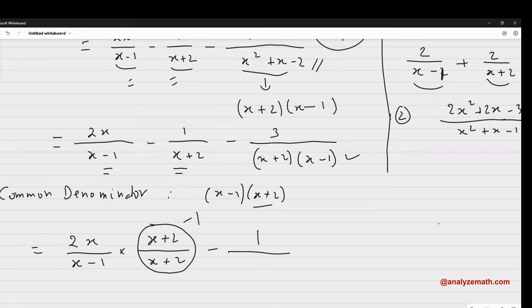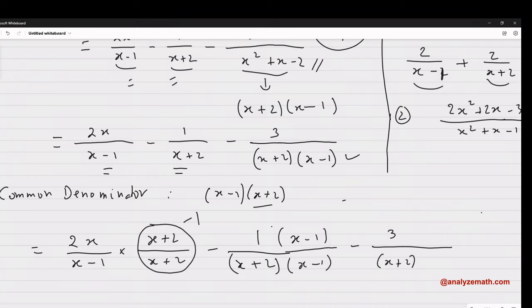Now let's go to the second term. This one here. We have the x plus 2. What we need is the x minus 1. So we multiply top and bottom by x minus 1. Now let's put some brackets here. And then the last term, the third one here, we rewrite it as it is because already we have the common denominator.